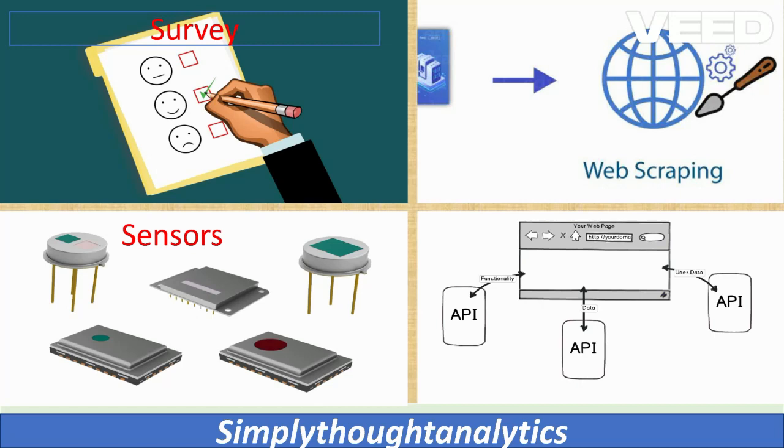That information is the data we are working on, and we get insight out of it. So in the research world and in academics, the majority of data is collected through surveys.